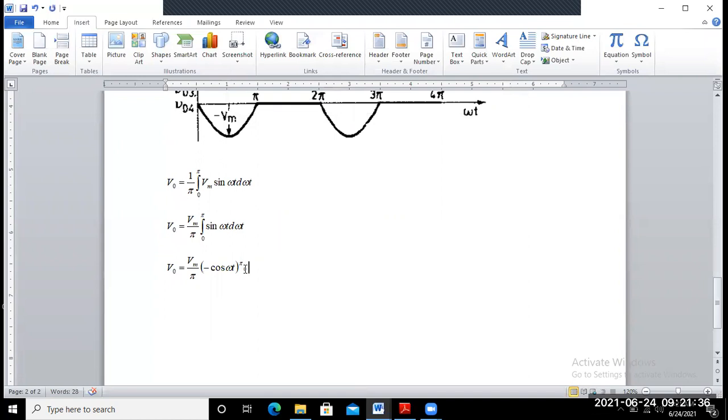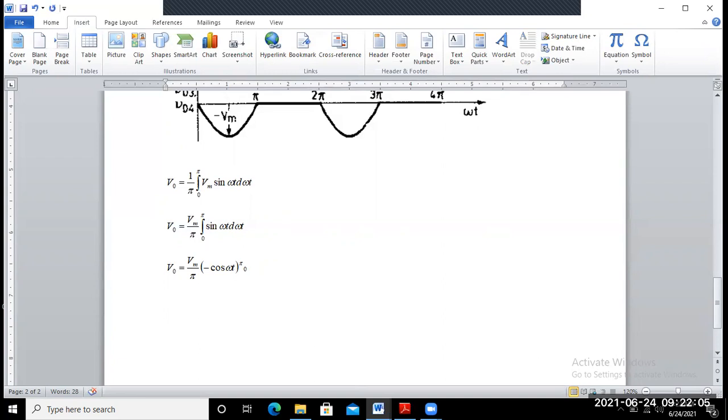So when you put the lower and upper limit, minus cos pi, and cos pi is minus 1, so minus minus is plus 1. And again minus of the lower limit, so minus minus plus cos 0, and cos 0 is again 1, so 1 plus 1 is 2.